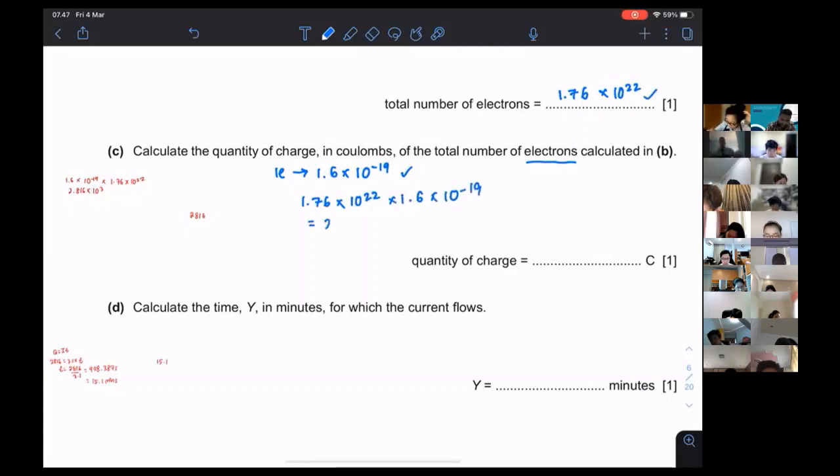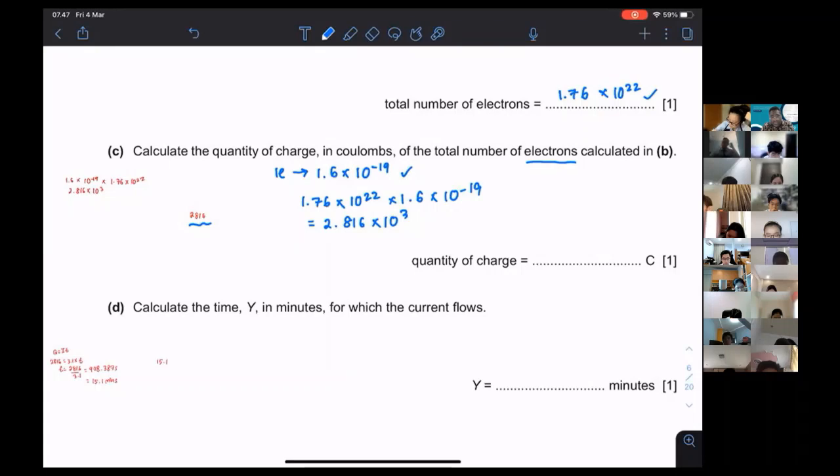You will get 2.816 times 10 to the power of 3. You can leave it like this, or give your answer as 2816 coulombs, or write 2.82 times 10 to the power of 3, which is also fine.